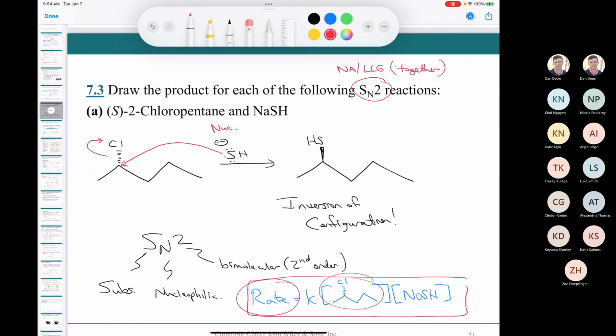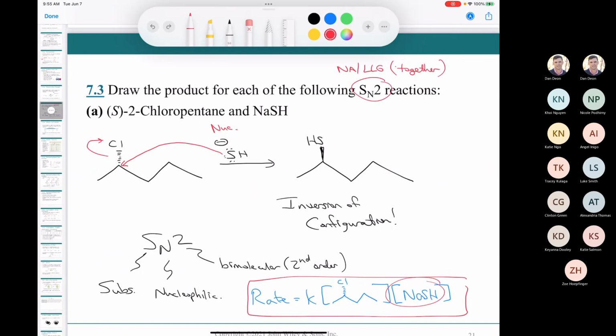How much would the rate go up if you doubled that concentration? And it's not a trick. The answer is as simple as you think it is. Exactly. It would double, right? So same rationale. If you doubled the concentration of NaSH, it would double the rate.